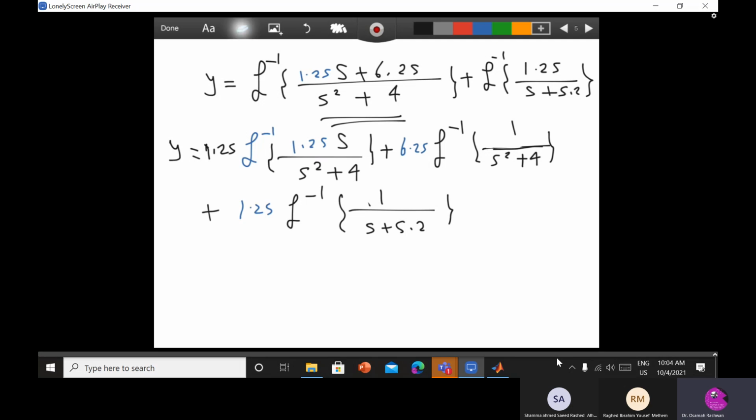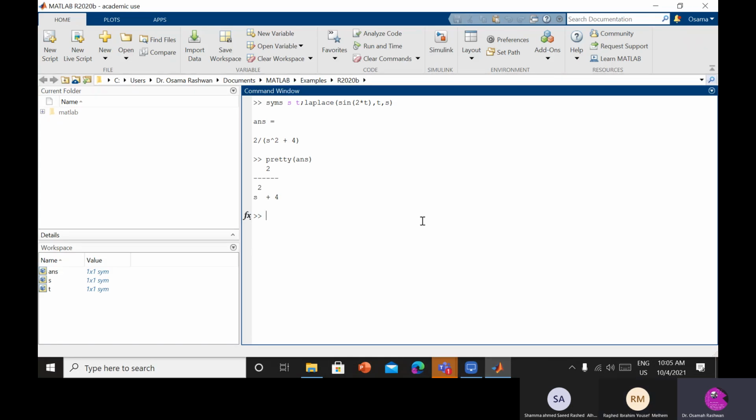Now, if you go to your table and look at this one, S over S squared plus 4, does this give me cosine or sine? Please, you have the table in your chat, right? Can you check, please? If you don't have the table and you have MATLAB, you can use MATLAB.